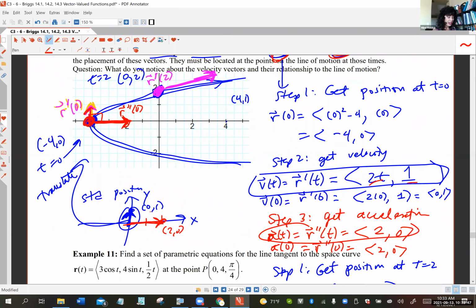And remember, the vector 2, 0 is pointing to the right. It's a horizontal vector. And so if I lift it up, maintaining its integrity, it's going to be pointing that way. So that's r double prime, the acceleration vector at 2 seconds. And I'm done. Notice that at this point, velocity and acceleration are not orthogonal to each other. Oh, no way. That doesn't look like those two vectors are making a 90-degree angle. So I hope you can see that things change.